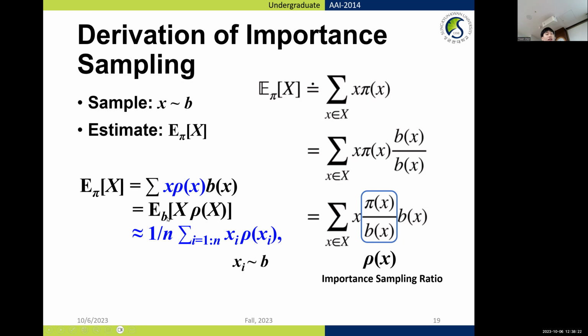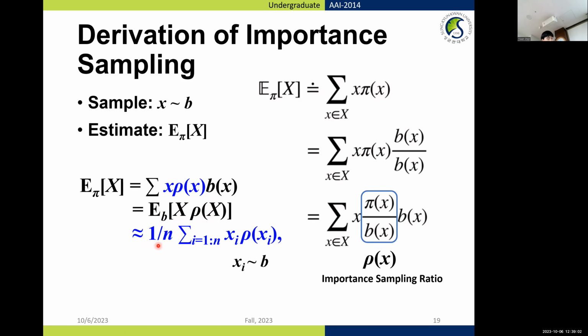So this is exactly the definition of the expectation of x rho x based on policy B. Now we get this relation: if we want to evaluate the expectation of a random variable x based on policy pi, we can evaluate under policy B with this rho x ratio together times the original random variable.